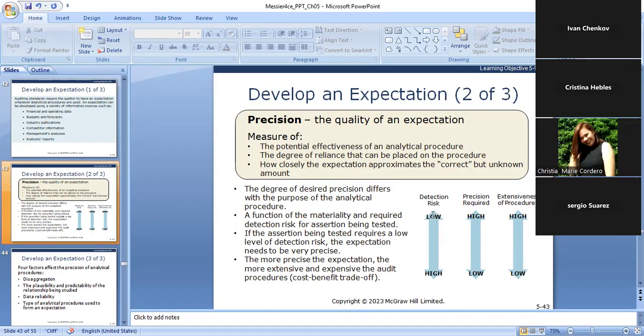But if you want the detection risk to be low, then we have to increase, and we have to be careful with all the evidence that we get and the expectation that we get. If we have high precision, then we have to increase everything, and we want extensive procedures. Again, we need to increase everything, the quality of our expectation.